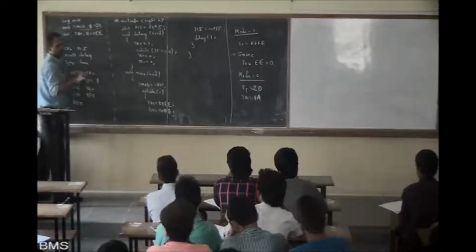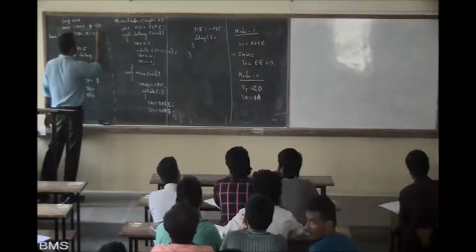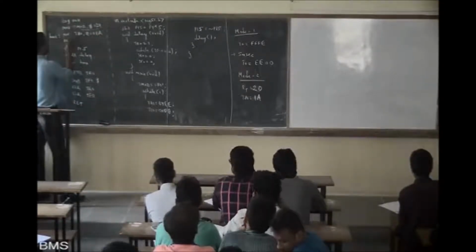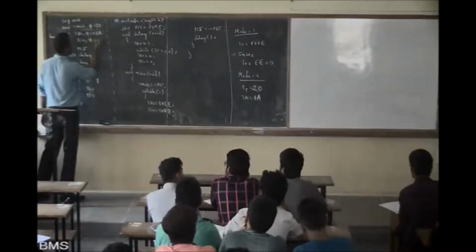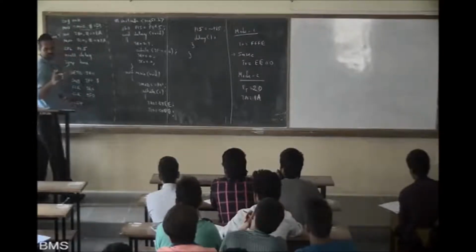TH0 is what? 1A. TL0 initially you load with 1A. Okay? Let's see this. Please don't write, please see here.